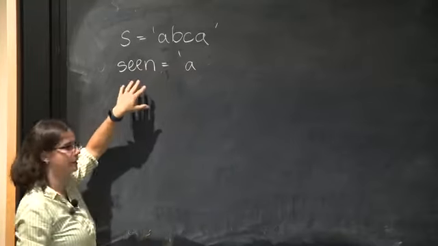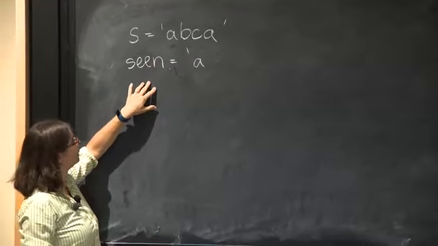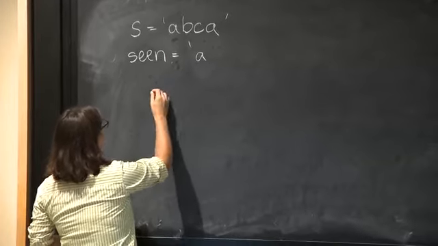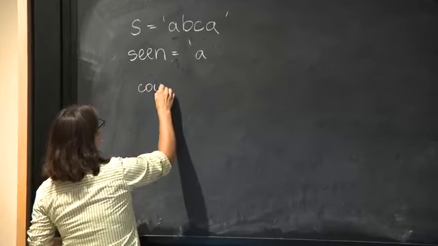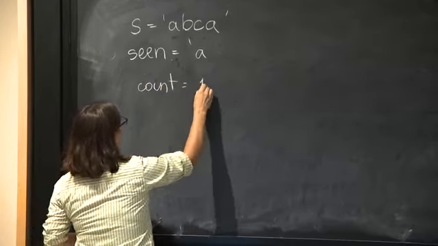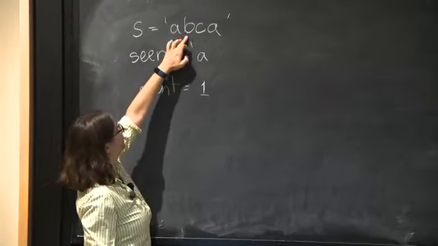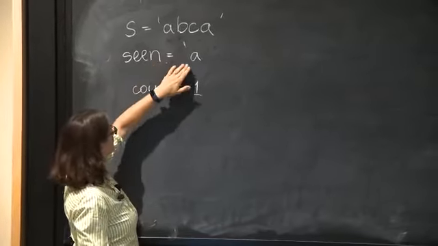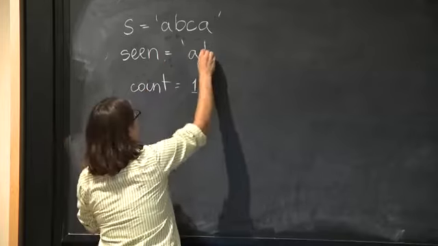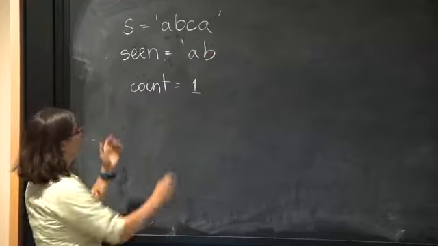So I'm going to add it to a seen variable, and then I'm going to increment a counter. I've seen it once, so count equals 1 now. The next time I look at the next letter, it's a b. Have I seen it before? No. Let me add it to my seen variable and increment my count.